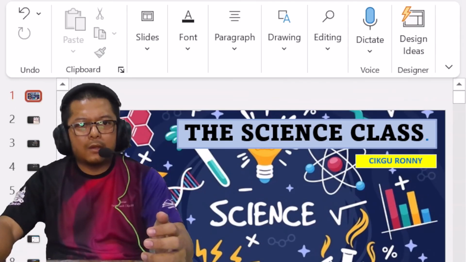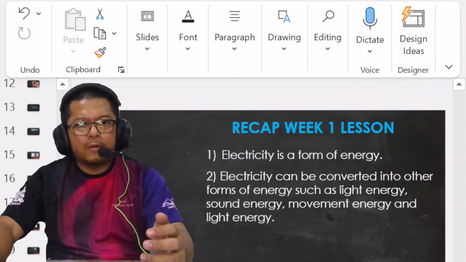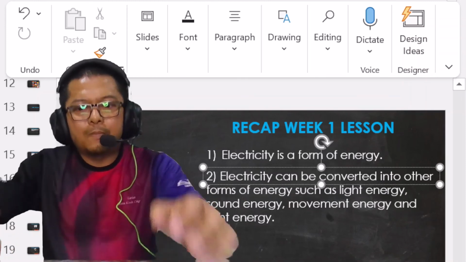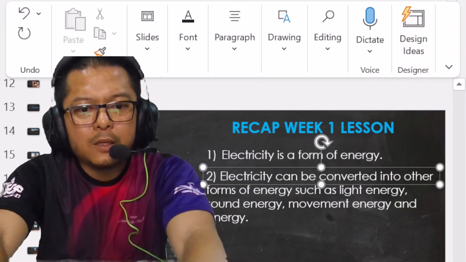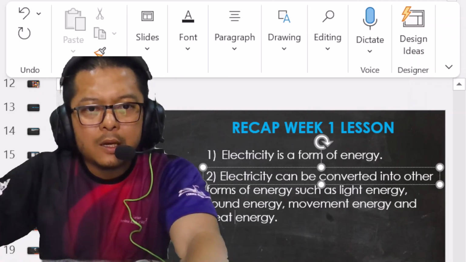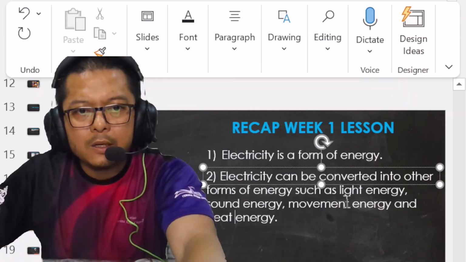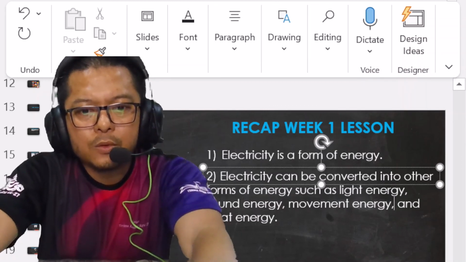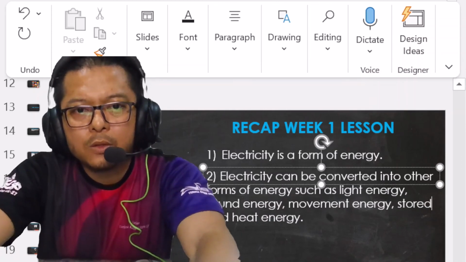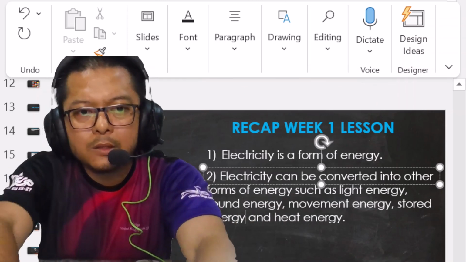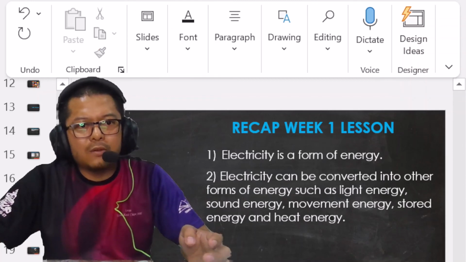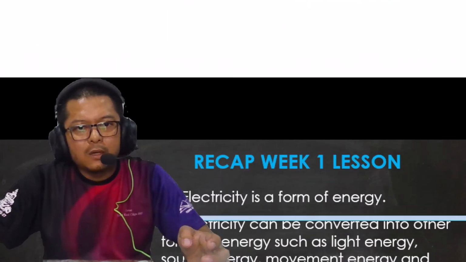Okay, here. Light energy, sound energy, movement energy, heat energy, and one more, stored energy. So I have done the correction. Save stored energy. Excellent.